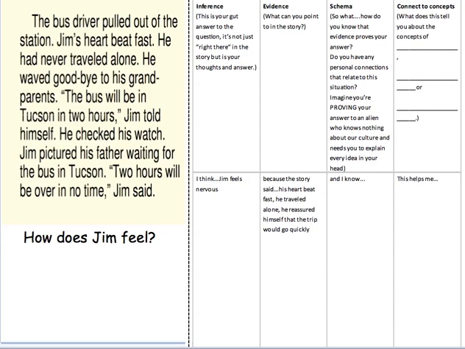Now I need to say, so what? So what his heart was beating fast? So what he was traveling alone? So what he was reassuring himself? How does that prove that he was nervous? Well, I know that when you're doing something alone for the first time, you don't always know how it will turn out.